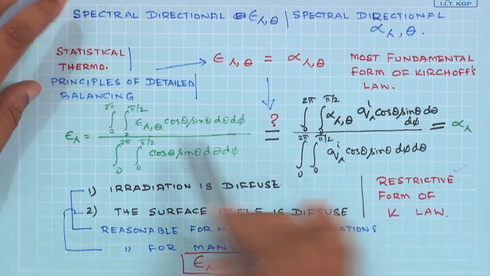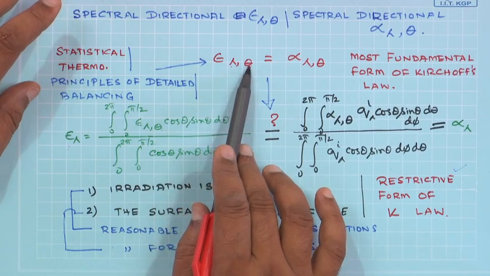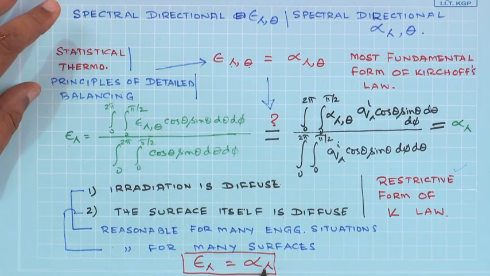So, from the spectral directional, I come to spectral, and from spectral now I would go to the overall. So, what is the definition for the case of overall?